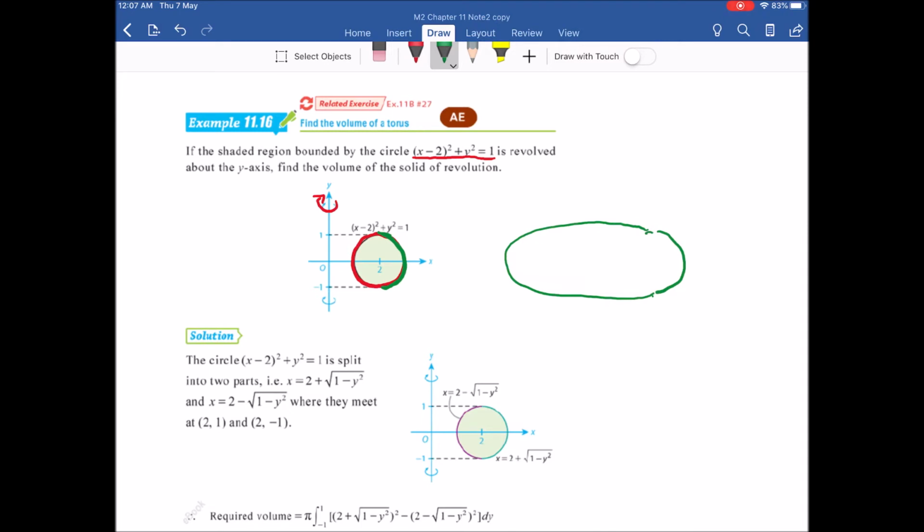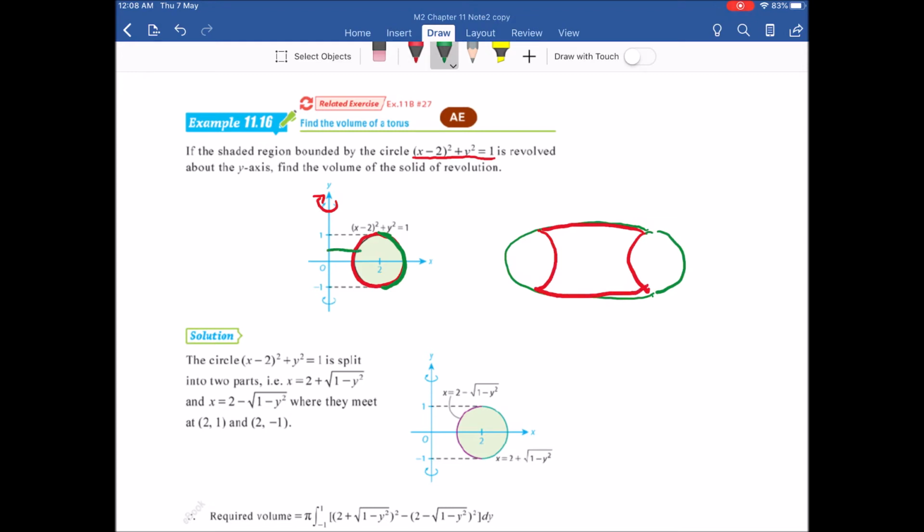This shape I cannot draw very well. And then you're going to subtract this shape, subtract this one.